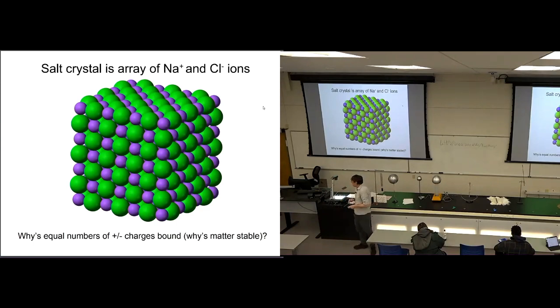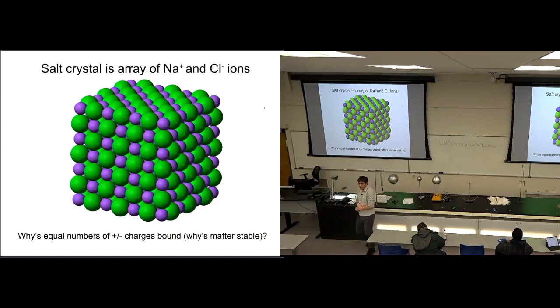So, here's an interesting question. Here's a grain of salt, sodium chloride salt. As you know, it's made out of sodium and chlorine ions. The sodium are positive ions because they like to give up their electron, and the chlorine are negative ions. They like to get an extra electron. And so in a salt crystal, we get this regular array of sodium and chlorine ions.